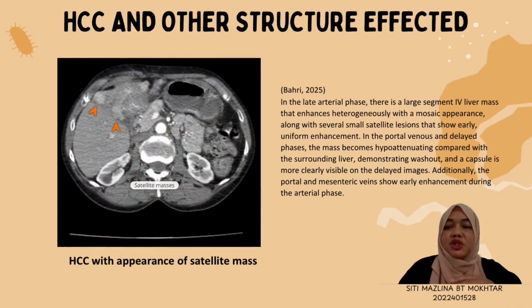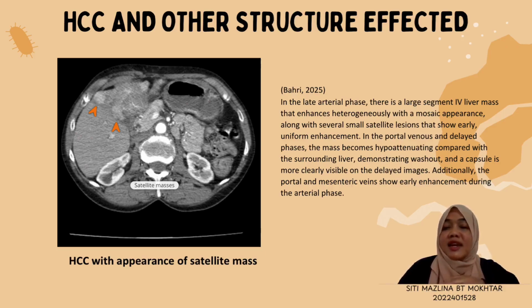Okay, the CT image shows a case of HCC with satellite masses. The main tumor is located in segment 4 of the liver and appears brighter during the arterial phase because HCC gets most of its blood supply from the arterial system. Around the main tumor, you can see several smaller nodules.